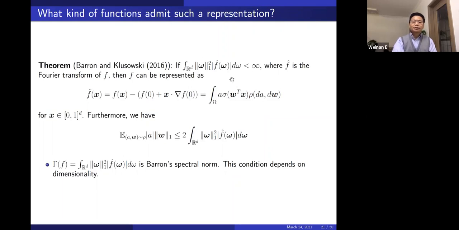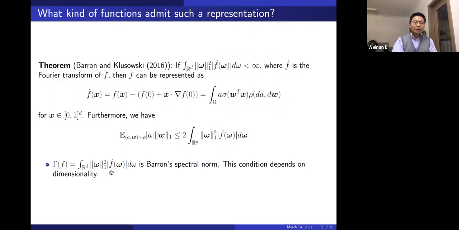If this norm, the norm defined by Barron, where f hat is the Fourier transform of f, is finite, then f is a Barron function and admits this kind of representation. And the Barron norm is bounded by this quantity, which, in order to distinguish it from the other Barron norm, we decided to call Barron's spectral norm.